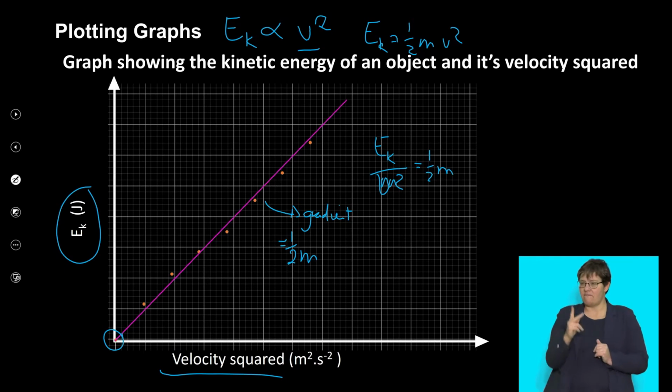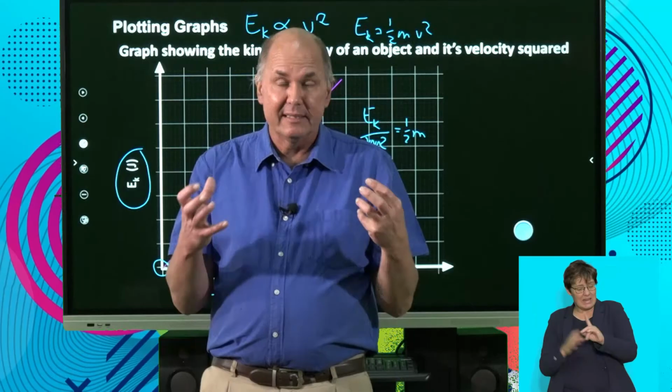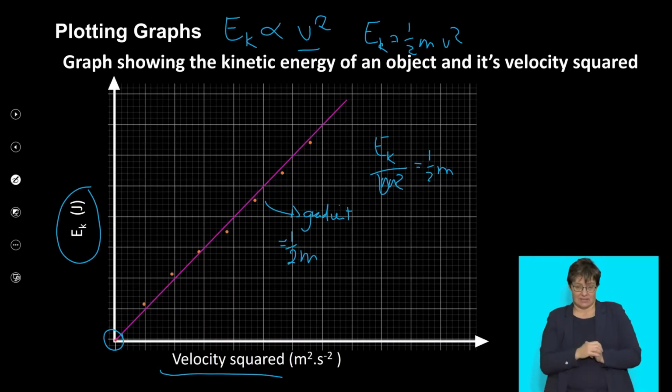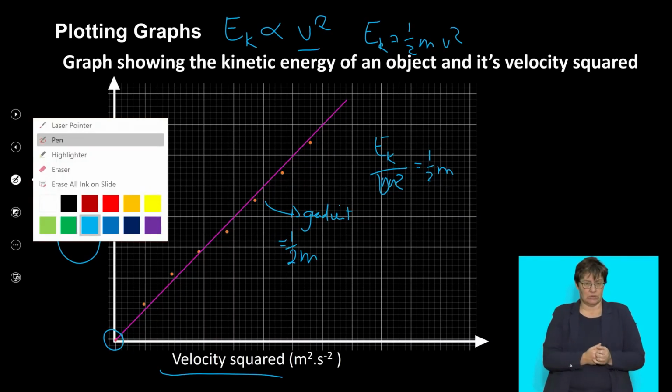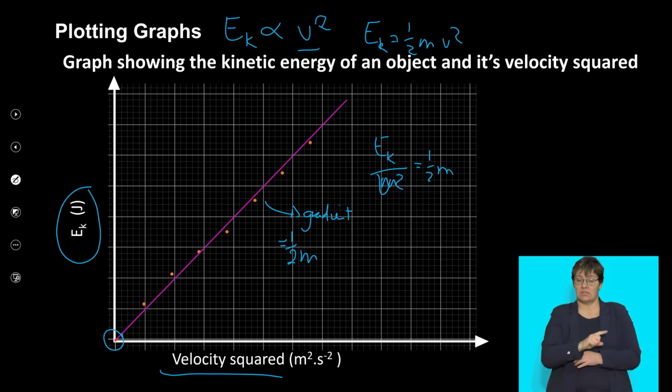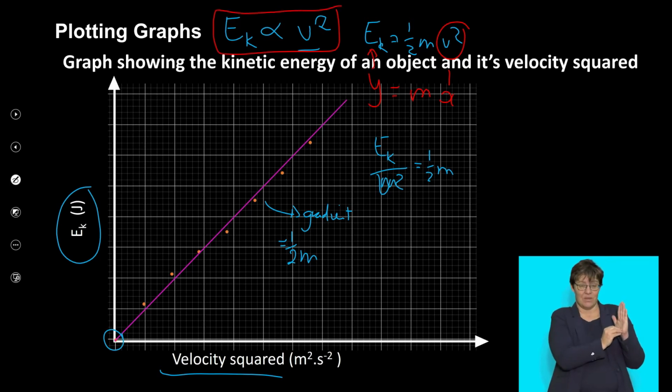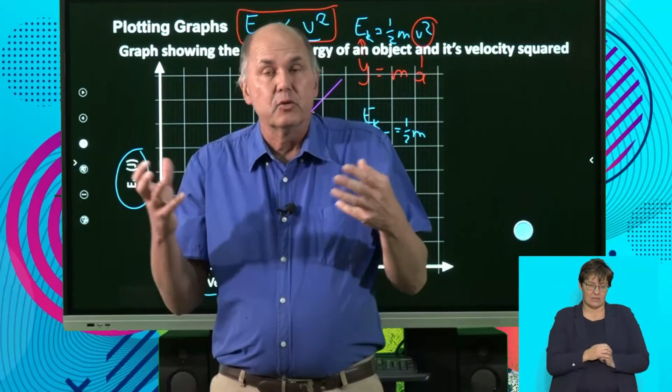The gradient is a very particular thing, and we can write this in the form y equals mx. In that form, the EK is the y, the x is the v squared, and this part here is the m, which is the gradient. And so, as I've written over here, from this sort of graph, EK is directly proportional to v squared.